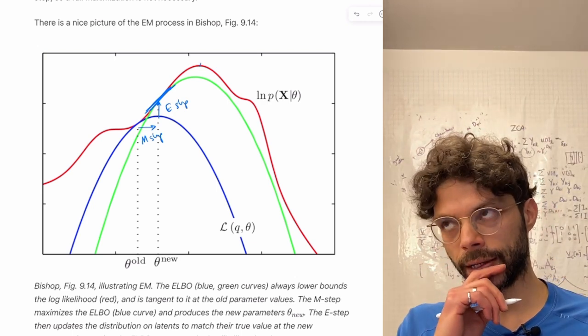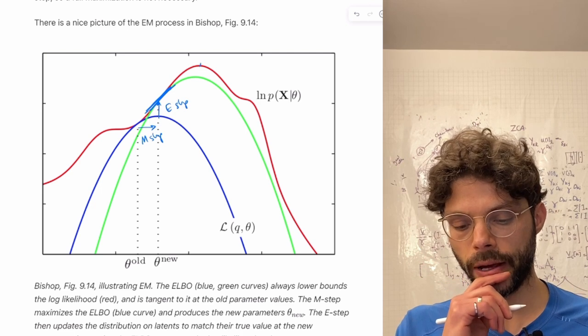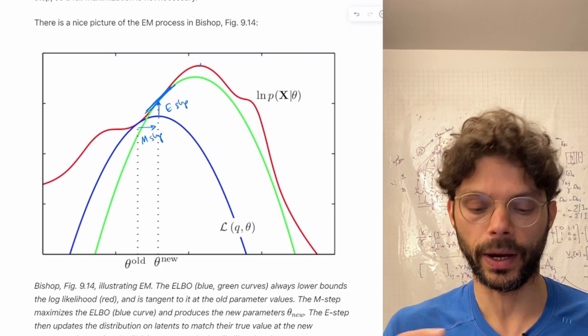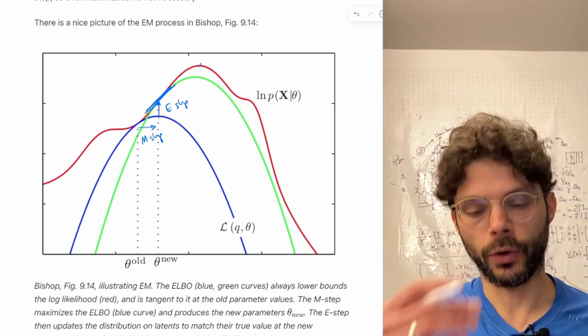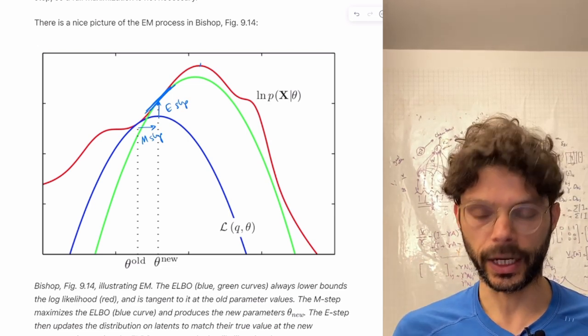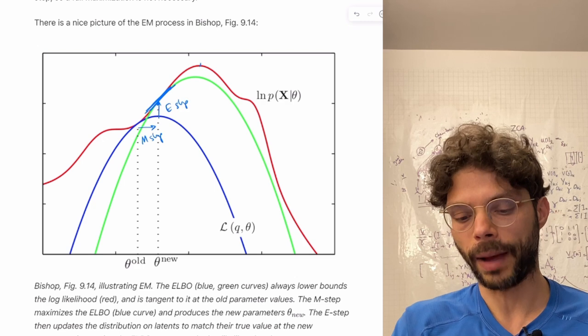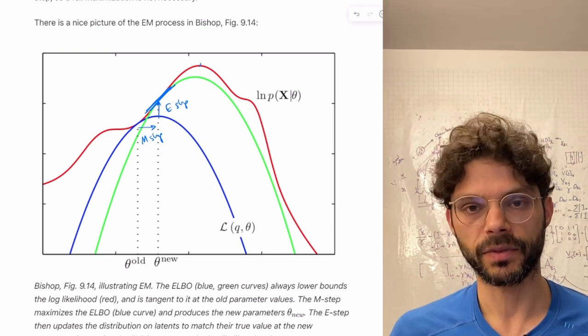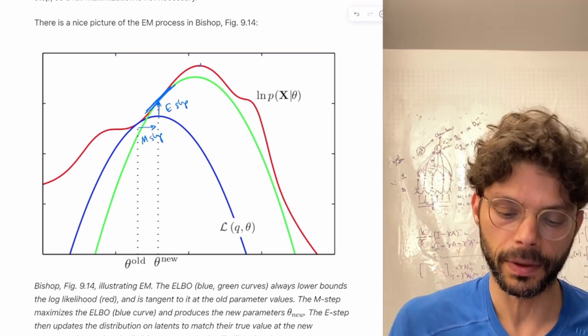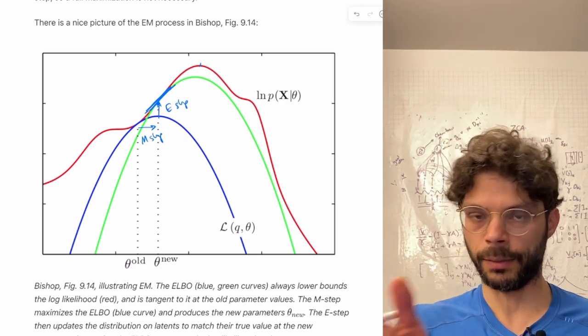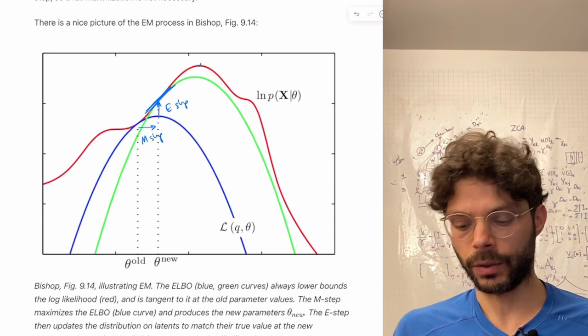I don't think there's a guarantee that you will. Not sure about that, but either way, you are at least not decreasing your log likelihood. I think in some settings you can say that you converge to at least a local maximum of the log likelihood. So if you can do this full E step, then I think things are pretty good, but I'll have to double check exactly what holds there.